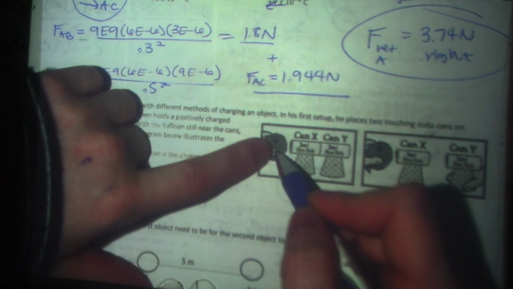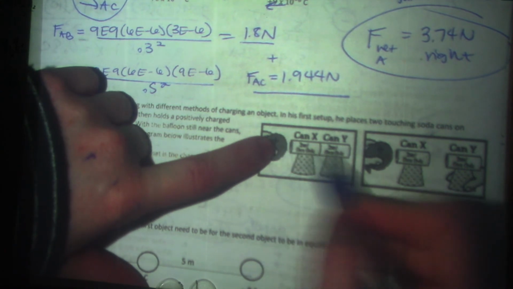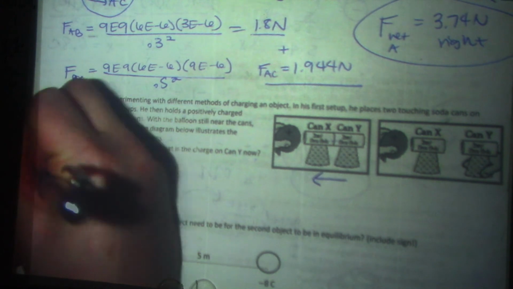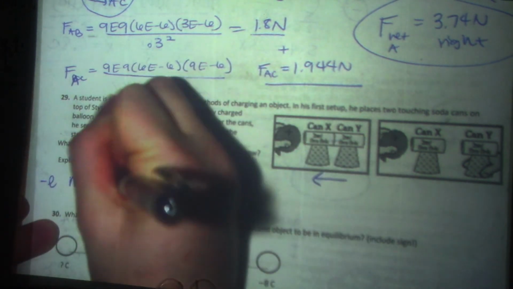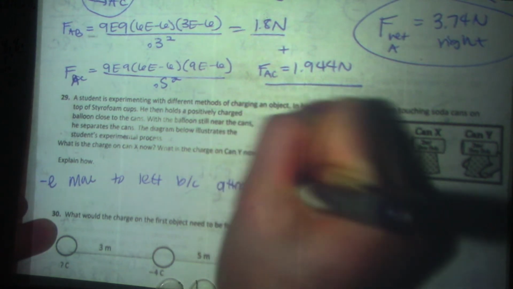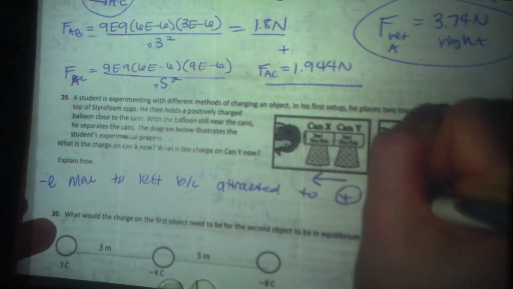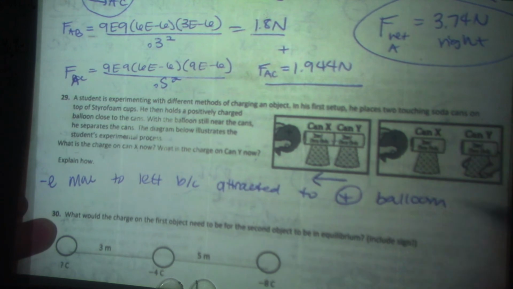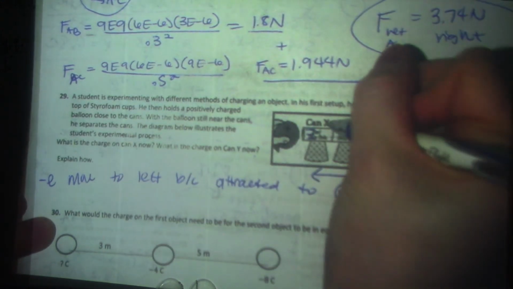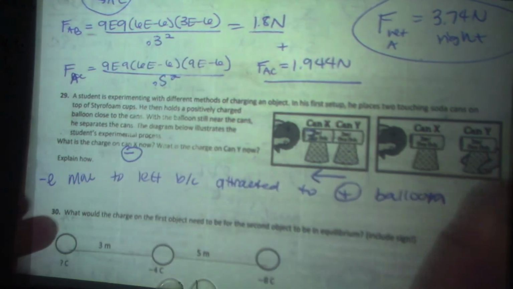Well, let's think about it. If we have a positive right here, the electrons that are already within the cans want to go this way. So the negative electrons move to the left because they're attracted to the positive balloon. So then you have extra electrons on can X, which means that can X is now negative.